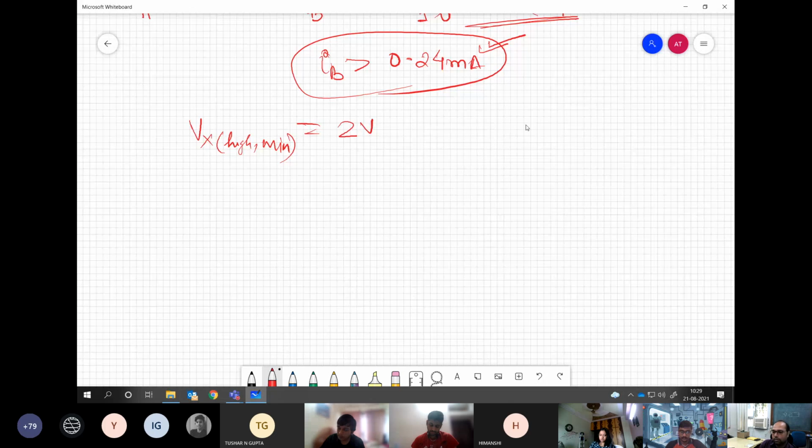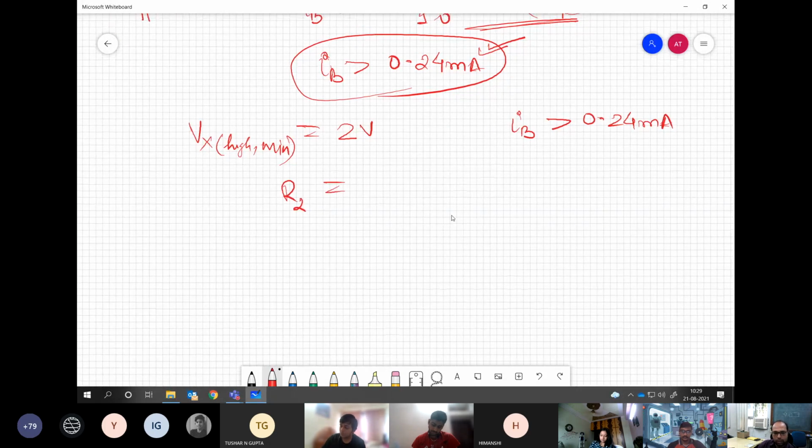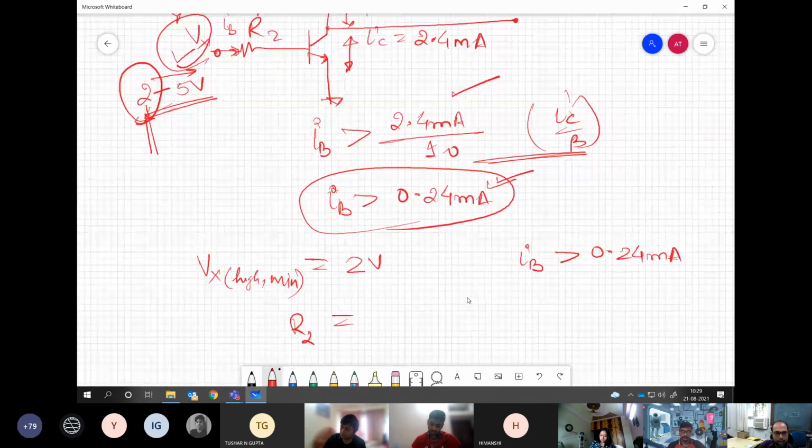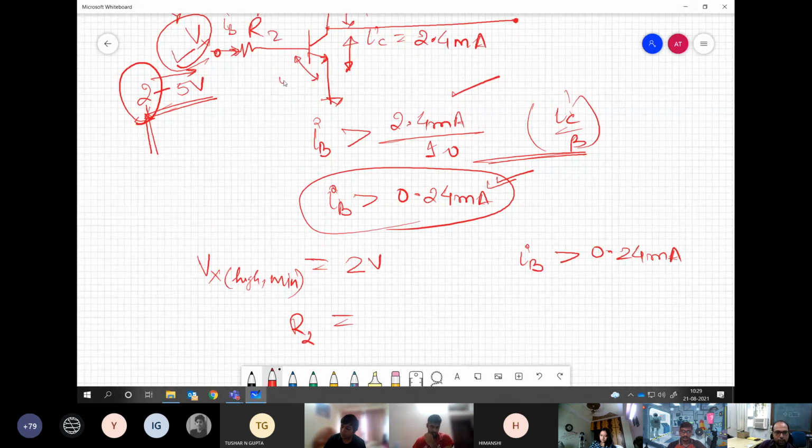So we take Vx value as the high logic minimum value, 2 volts. And for this, we know that IB must be greater than 0.24 milliampere. So now, what should be our R2? Please also understand that whenever this is conducting, there is a drop of 0.6 volt corresponding to this base emitter diode junction.